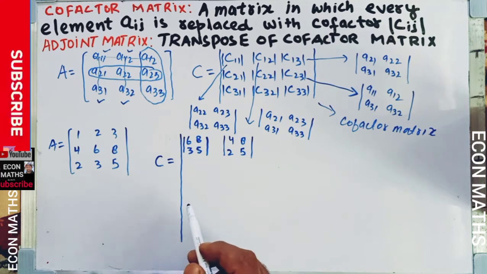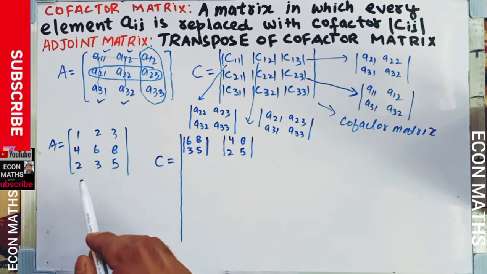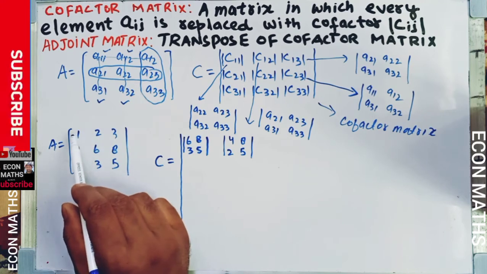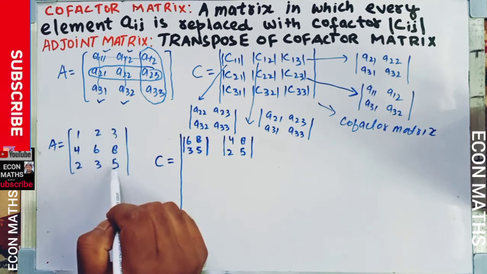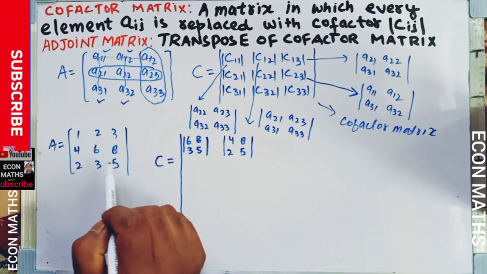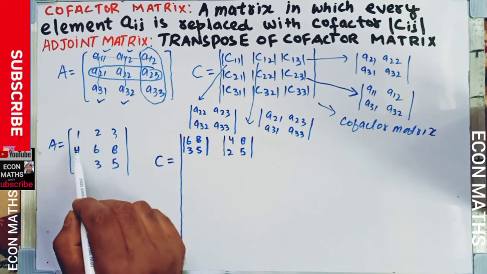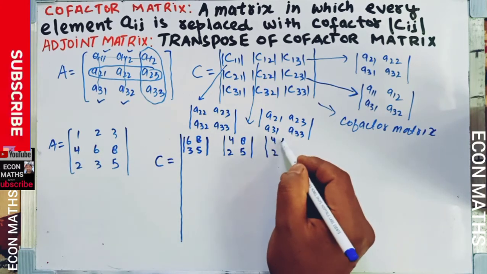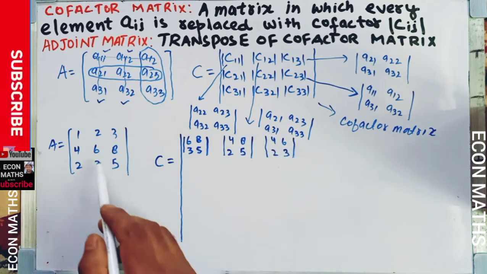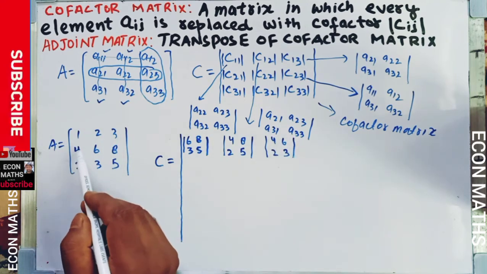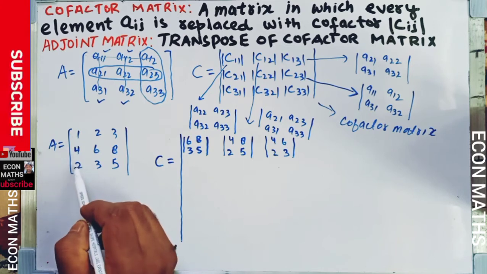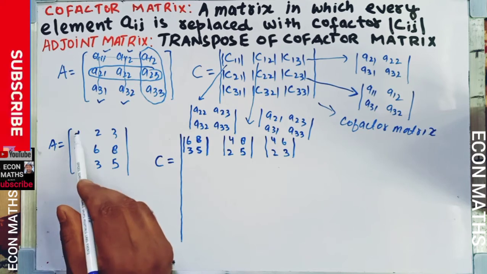Similarly I will take the third element and replace it with its cofactor, that is I will delete the row in which it appears and the column in which it appears mentally. So I take the determinant of the remaining elements, that is 4, 2, 6, 3. So this will become 4, 2, 6, 3. Having done this with the first row, similarly we take the second row. Now 4 appears in the first column and second row.